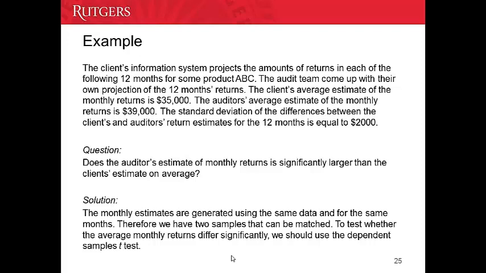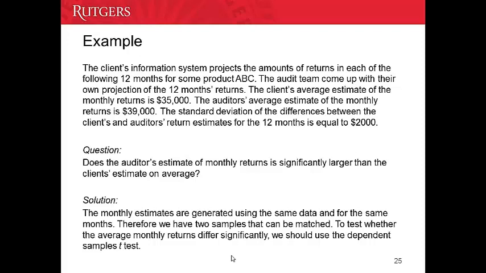Let's go back to the previous problem we mentioned. In this problem, the client has their own information system that projects the amount of returns in each of the following 12 months for some project ABC. The audit team comes up with their own projection of the 12 months' returns.